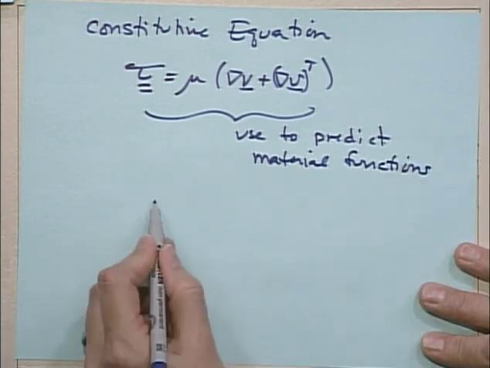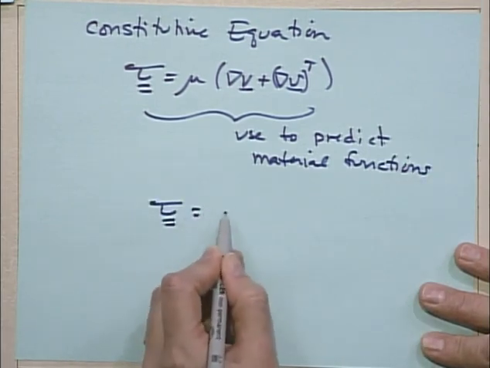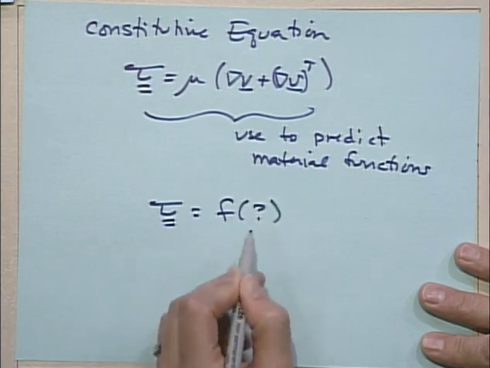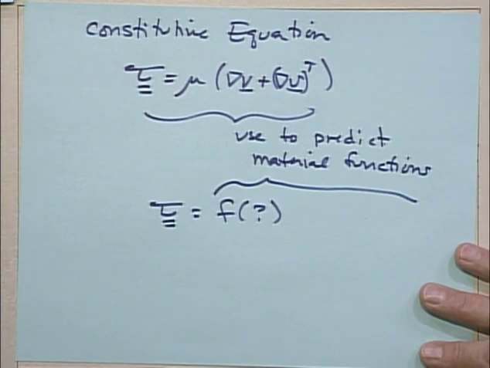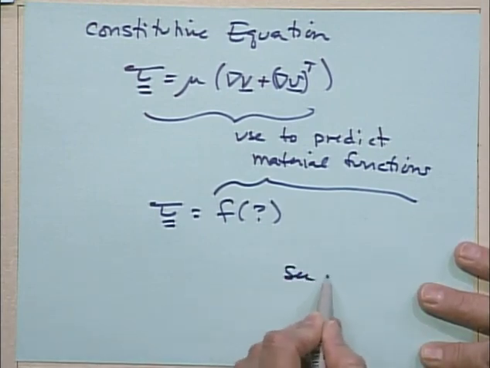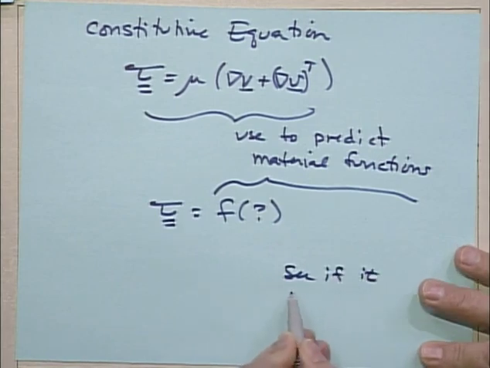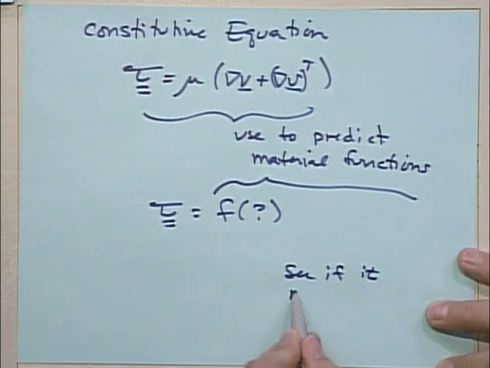And then we're going to make a new constitutive equation and do the same thing. We're going to use it to predict material functions, and we're going to then see if it matches what we know the outside world does.